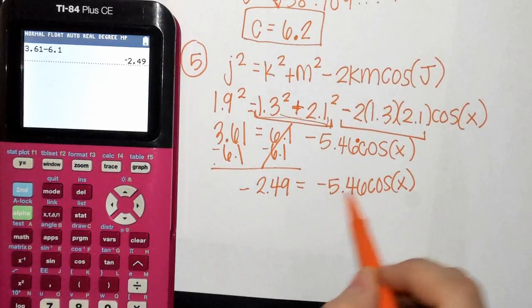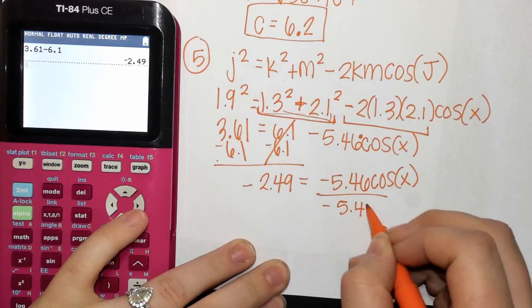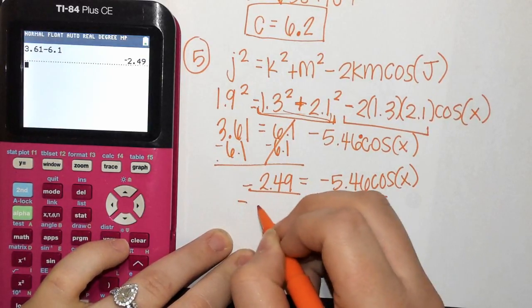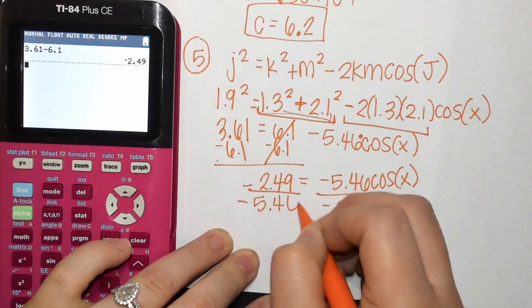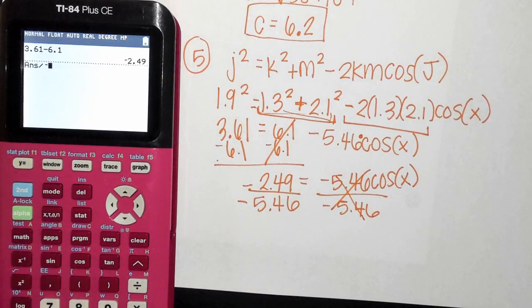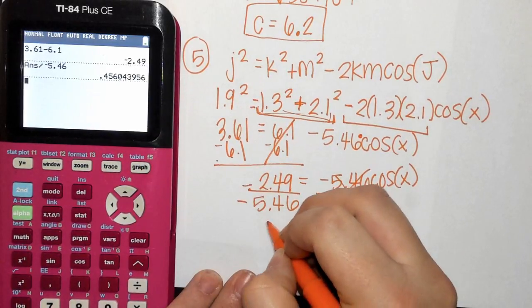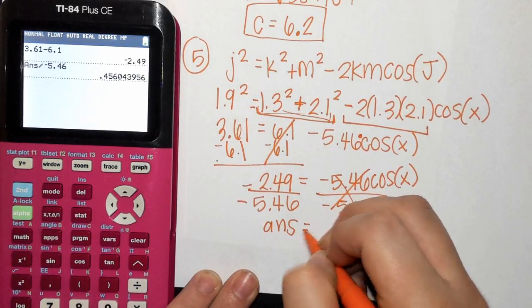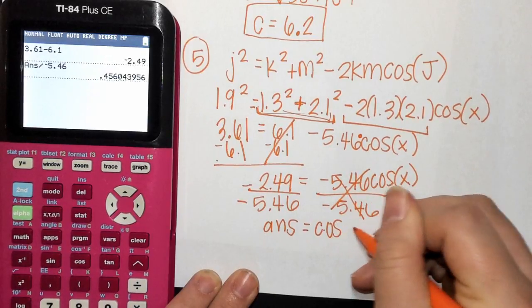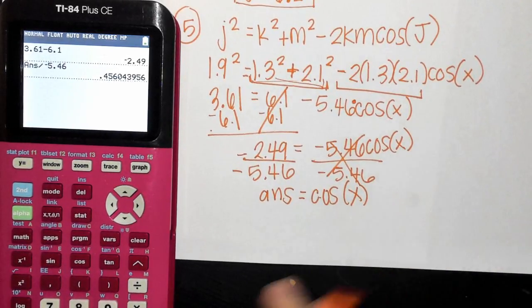Now to break this, I can divide. This cancels, and I'm going to be left with this. I'm going to write answer, because that's what I'm going to put in my calculator. Answer is equal to cosine of x. That's not answer.